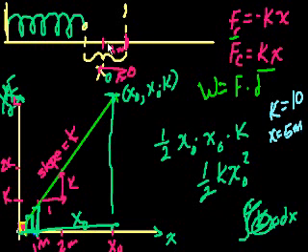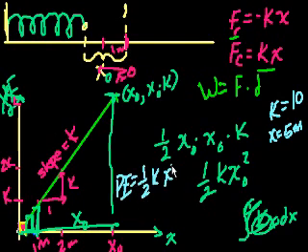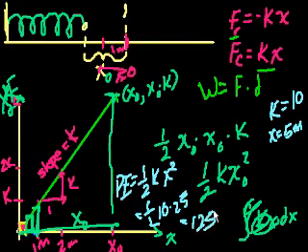At the time that it is compressed, how much potential energy is in that spring? Well, we could just say the potential energy is equal to 1/2 k times x squared. It equals 1/2 times k, which is 10, times 25, and that equals 125. And of course, work and potential energy are measured in joules.